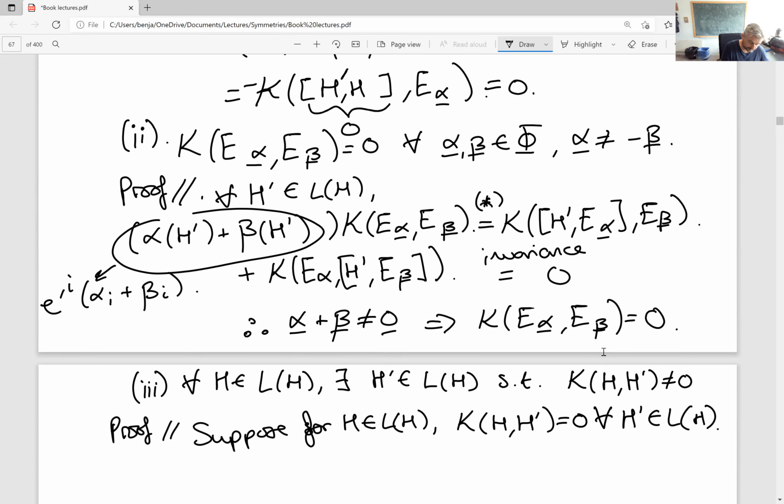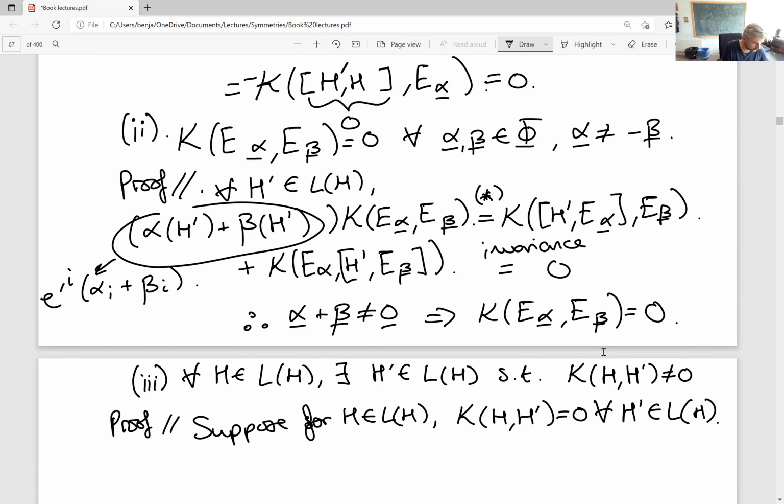Now we use property 1, which states that the killing form of h and E alpha is 0 for all roots in the root set.